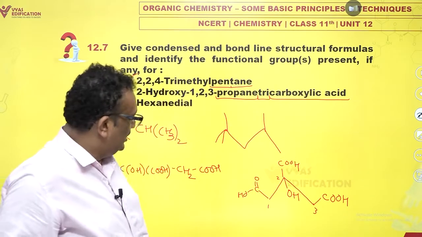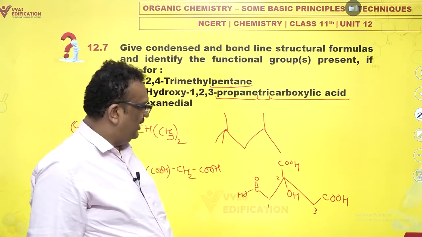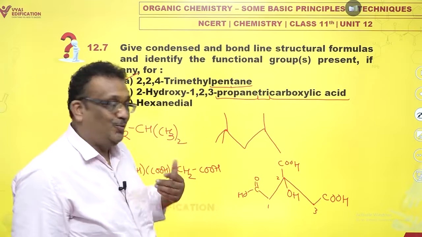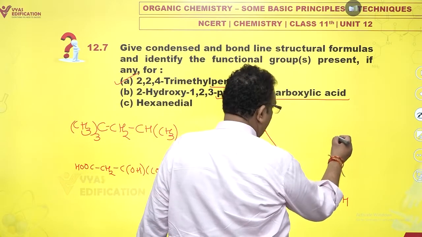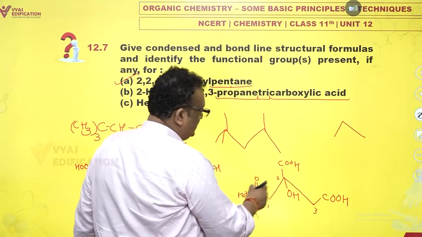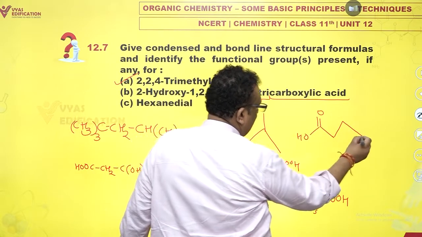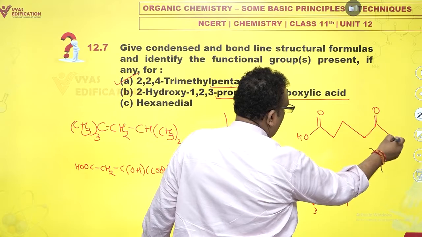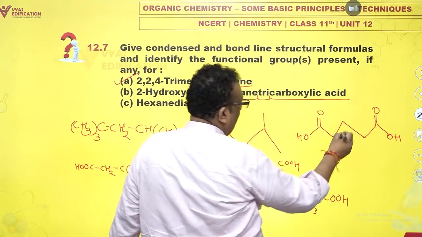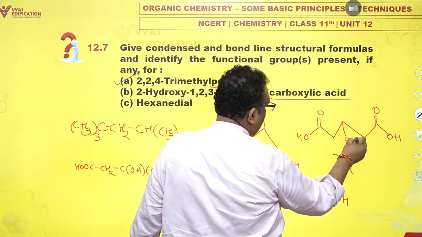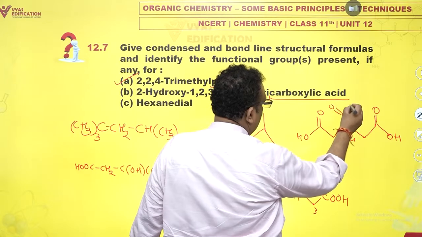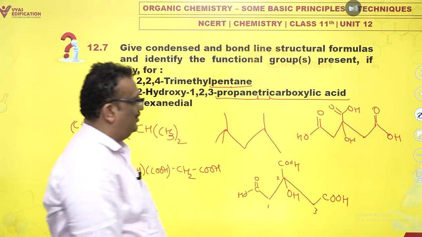What about the bond line notation? This can be slightly improved, and I will get the bond line notation also. How exactly? Let me do it for you. This is COOH. This is COOH. This is OH, which is fine, and this is COOH, right?